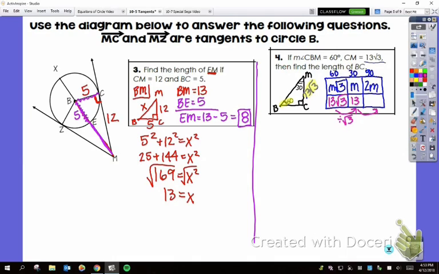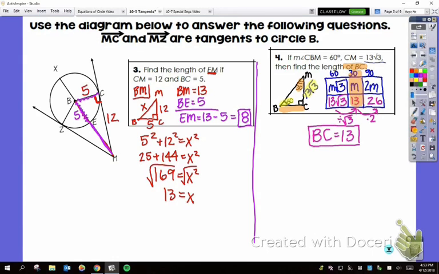And then to get 2M, we have to multiply times 2, which would give us 26. Now the piece that they wanted us to find was BC, and BC is right here, and that's across from your 30-degree angle. So the piece that we wanted was right here, which means that BC equals 13.